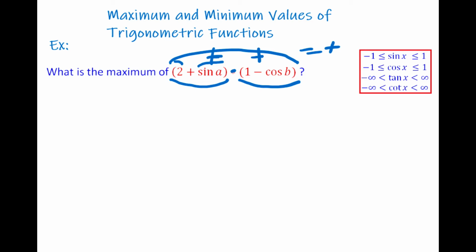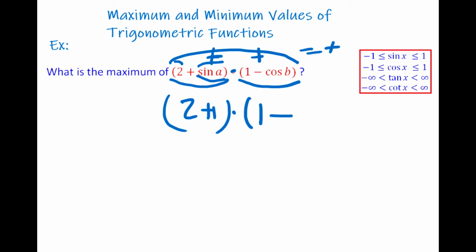And for positive, we need to make those the biggest value. So we can select +1 for sine a, right? Because 1 is the highest value that we can get out of the sine function. And possibly we're going to have 2 plus 1 times 1 minus, guys.